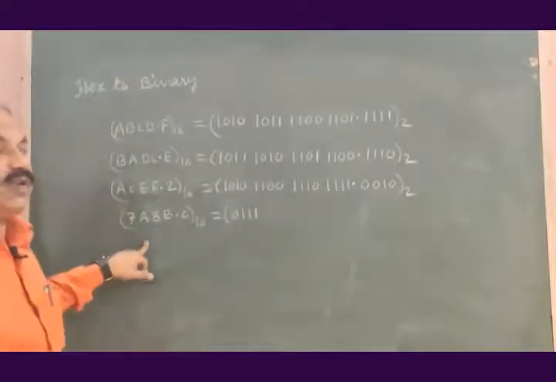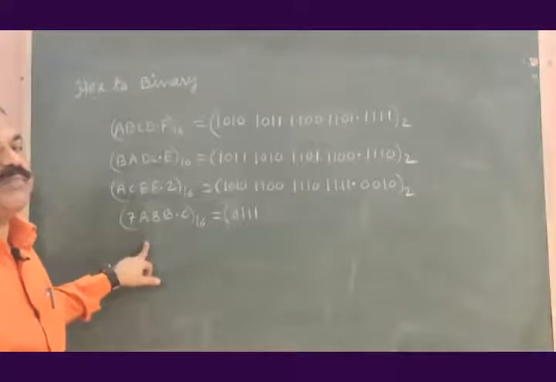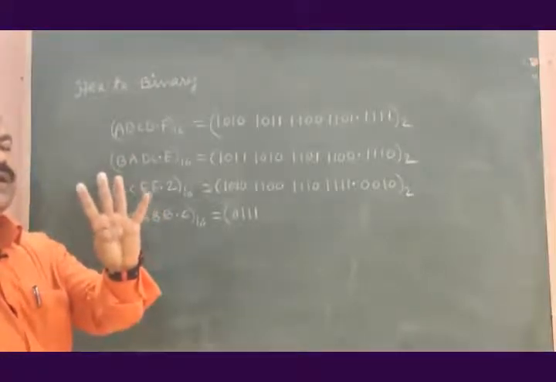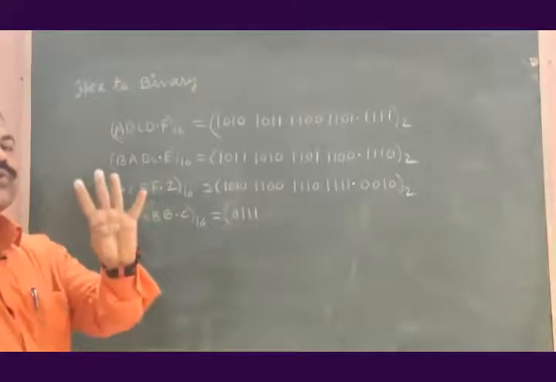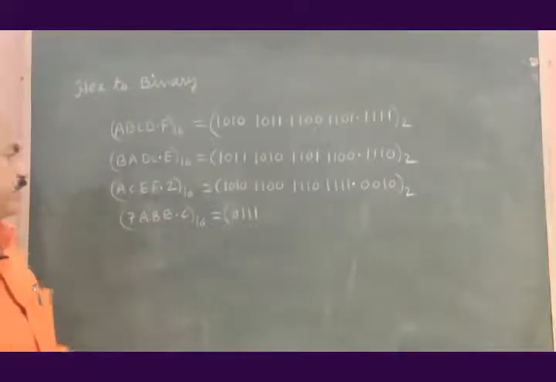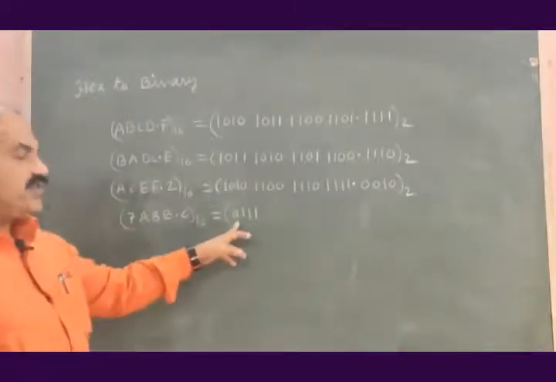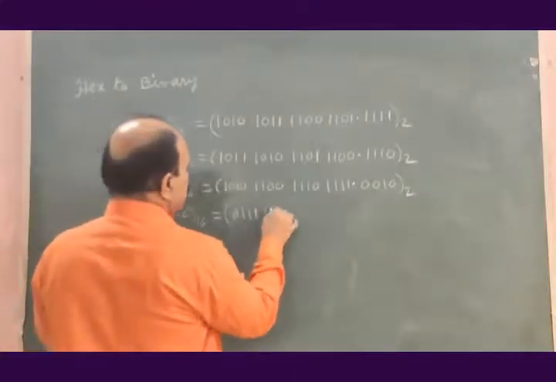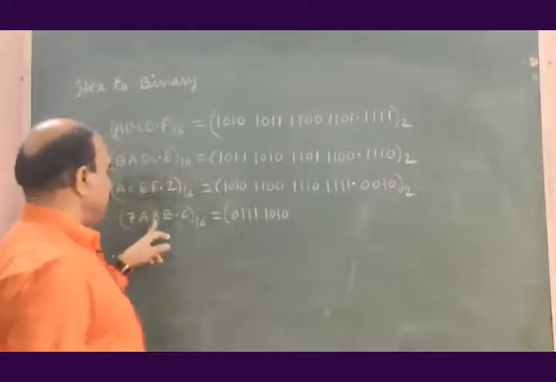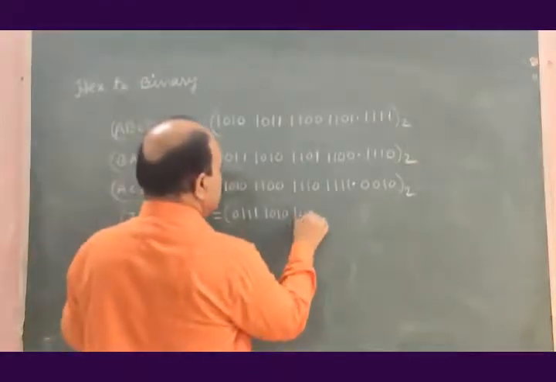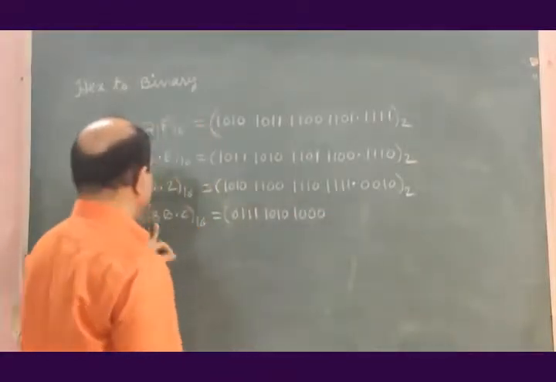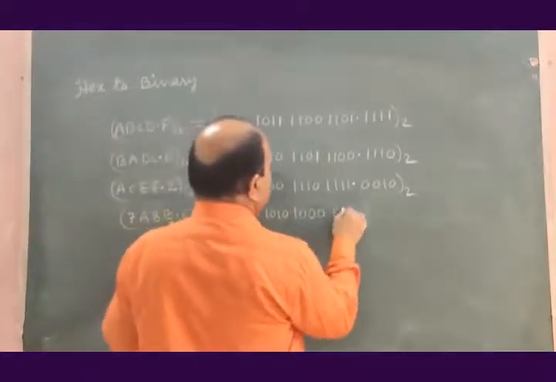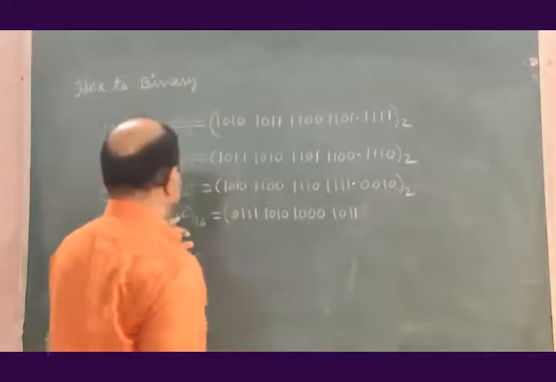Each digit of given hex number is to be replaced by a nibble, a group of 4-bit binary. So 7 is 0 1 1 1. A 1 0 1 0. 8 1 0 0 0. B is 11, 1 0 1 1.